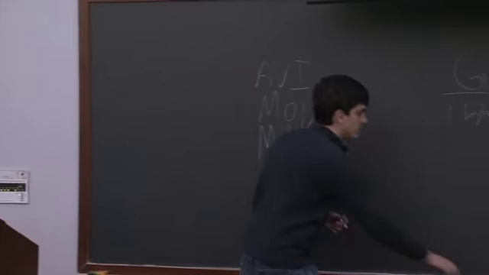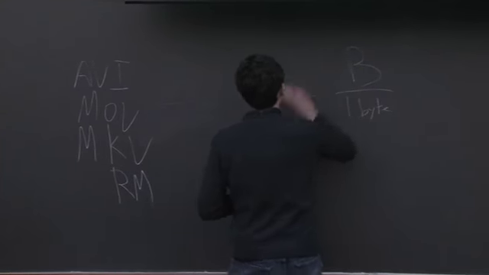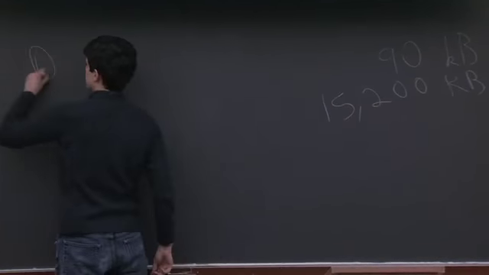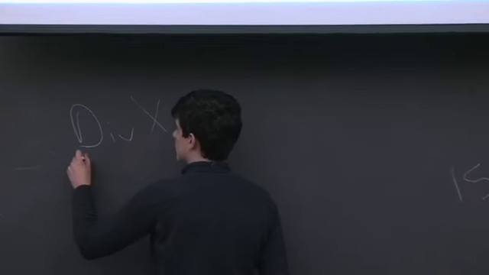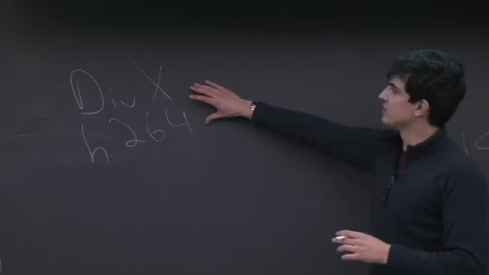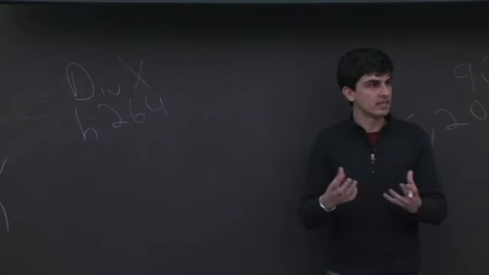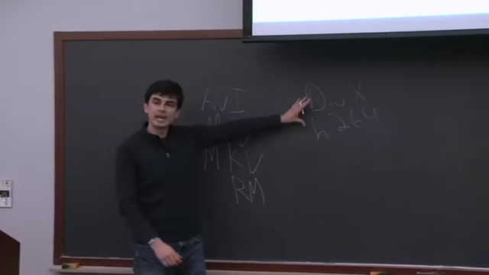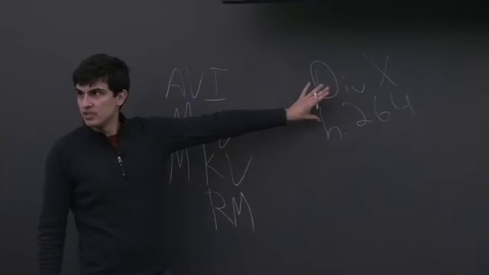And you might have heard of some of these codecs, these compressors, decompressors that actually make up some of the video files. So one of them is DivX, for example. Another one that's very popular these days is H.264. And these are just technologies that compress video itself. And generally, some or all of these packages can contain these different types of video encodings.